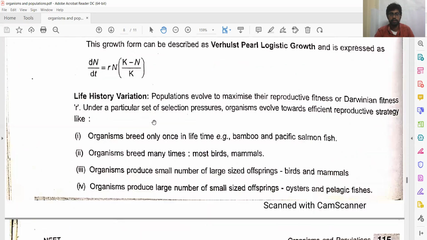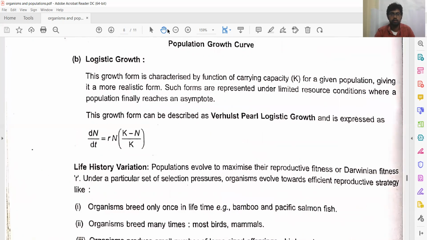Okay, again, logistic growth. So logistic growth is a growth in which there is not a rapid increase in the population. It is gradual, step by step.